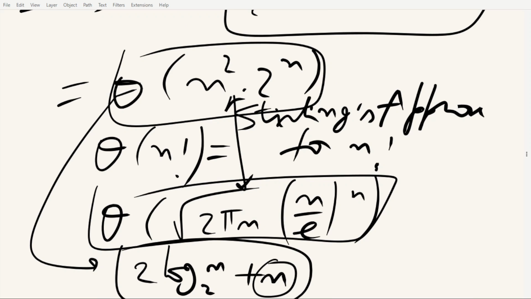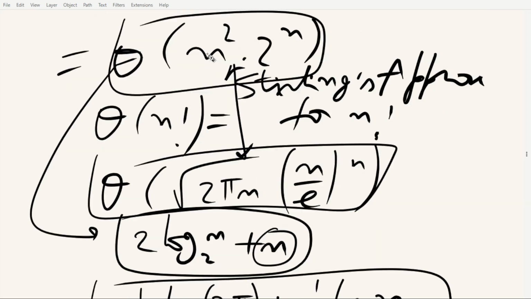Now we find the space complexity, and we'll see that space complexity is also exponential. So space complexity, it is easy to find. So space complexity is simply the number of subproblems. Just count the number of subproblems. We have to store them.